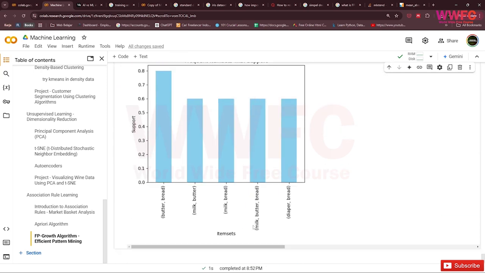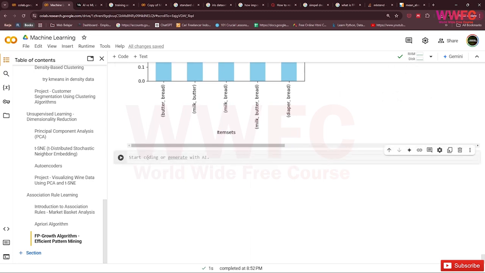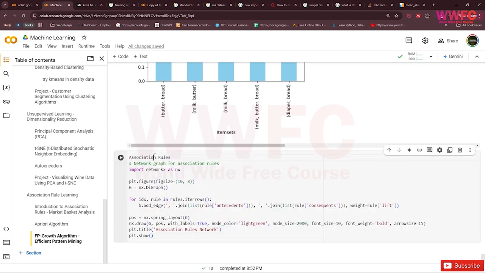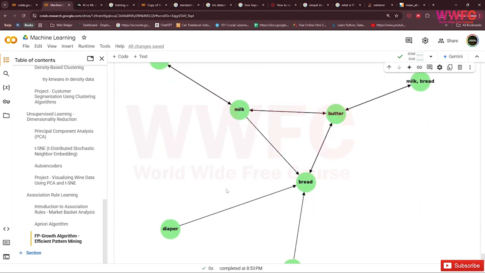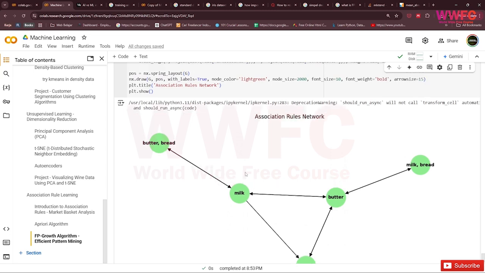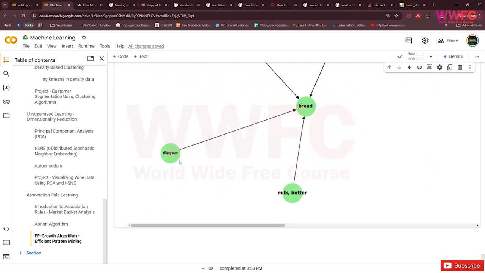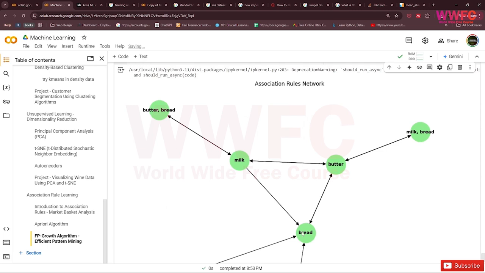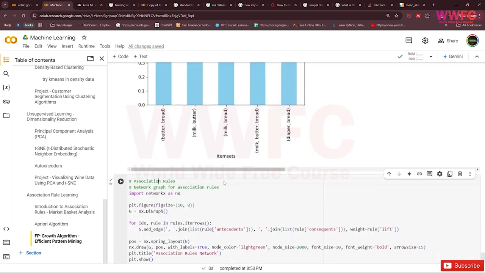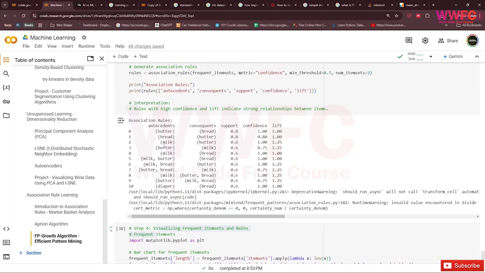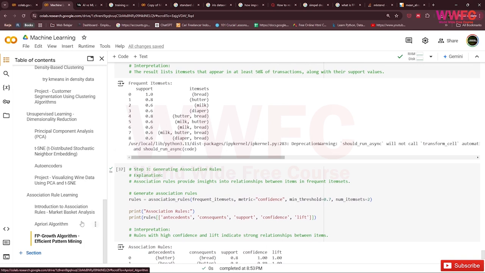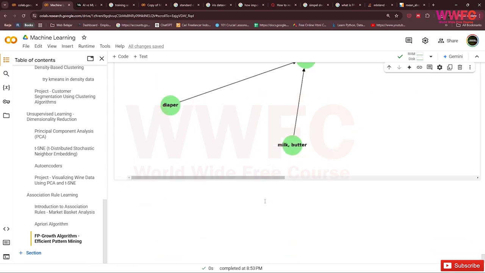Then we add the association rules. This is the association rules network, with diaper and bread, milk and butter, milk and bread, and so on. It's almost the same because we use the same data in the Apriori algorithm and the FPGrowth algorithm.